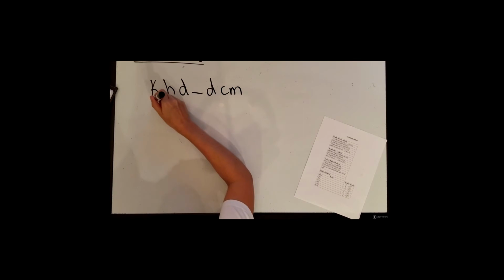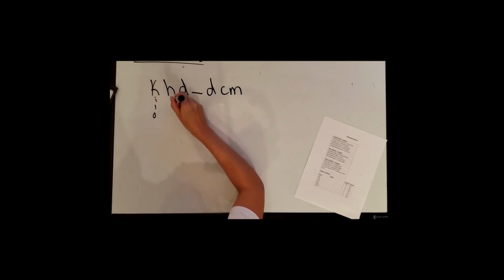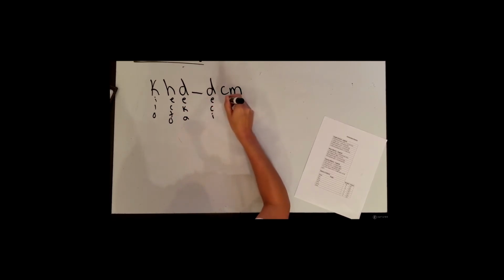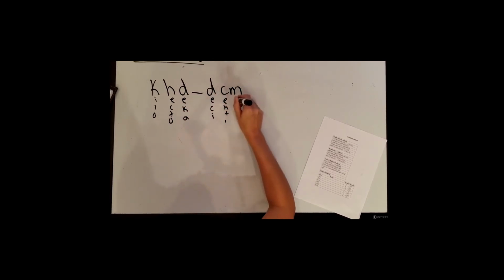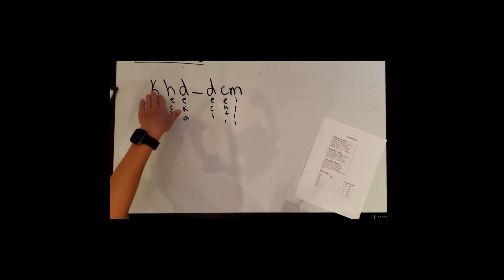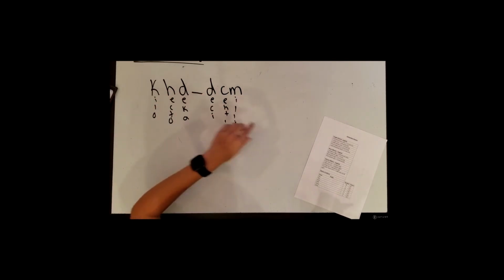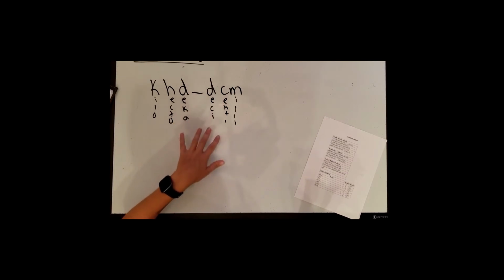This first one is kilo, then it's hecto, deca, deci, centi, and milli. So you're going to want to remember the ordering of these prefixes so that you can write this scale down, because we're going to be using this to convert from metric to metric.